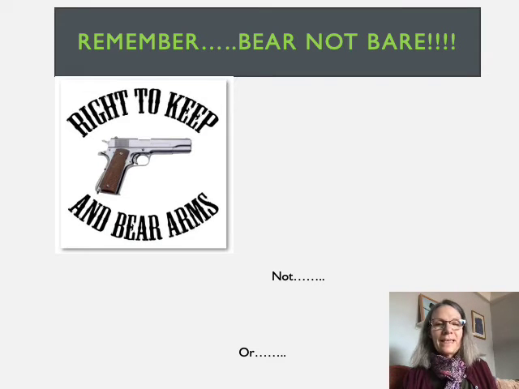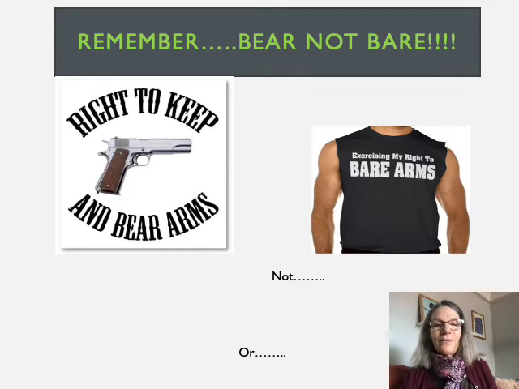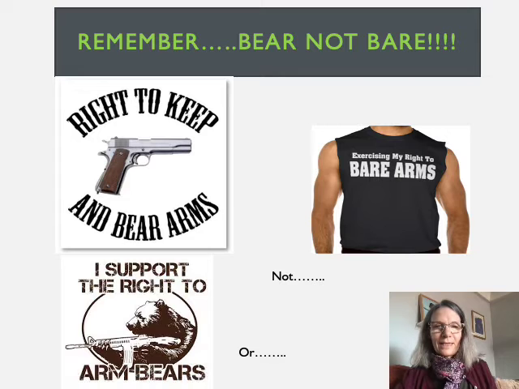You have the right to keep and bear arms, B-E-A-R. You don't have the right to bare arms. So that person in that tank top is exercising their right to bare arms, B-A-R-E. So just make sure that when you're writing your essays on the right to bear arms, and also in our discussion this week, you spell it correctly.